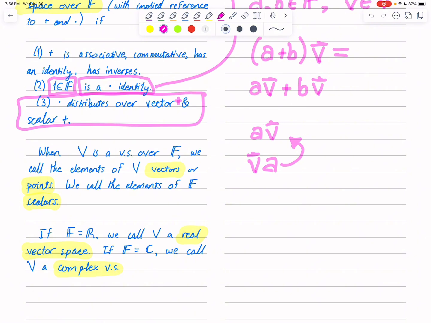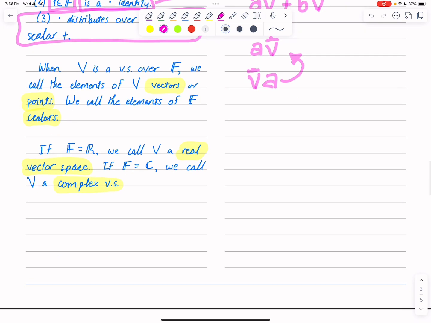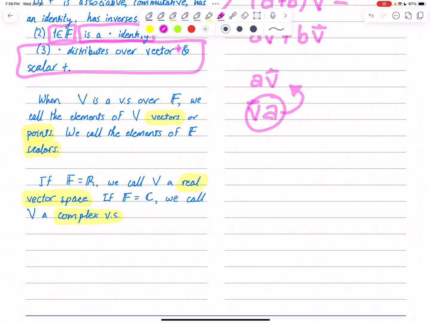If we're being very formal, we would say what I mean is for it to be on the left. So just understand that this is notation for that.